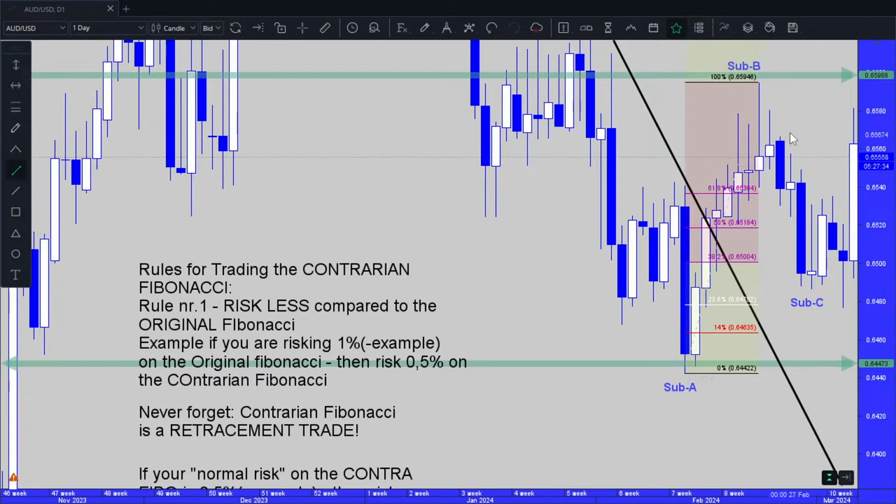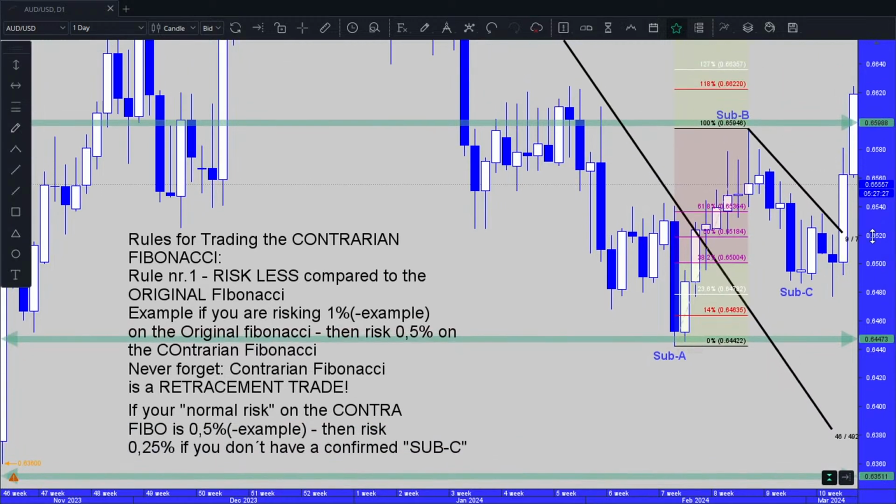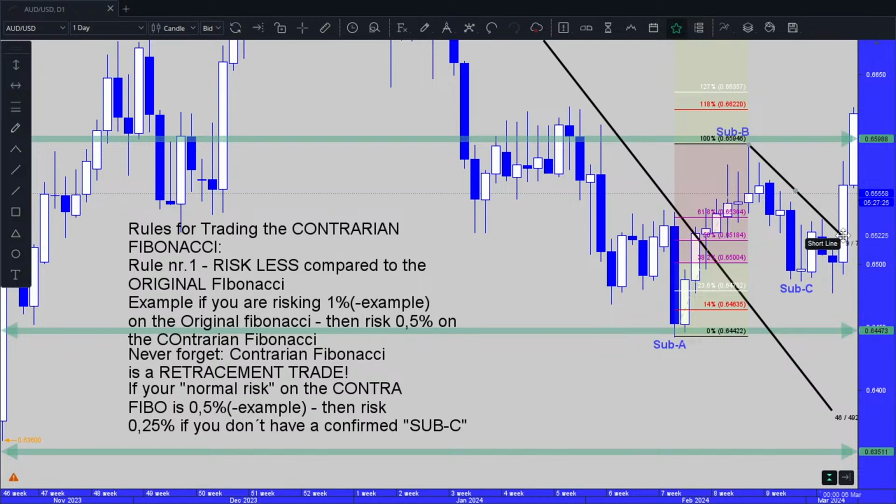So, bam! Would this be a counter trend line break, everybody? Would this be a counter trend line break? Or it's a similar story. You could buy also, this is a bullish candlestick formation, isn't it?